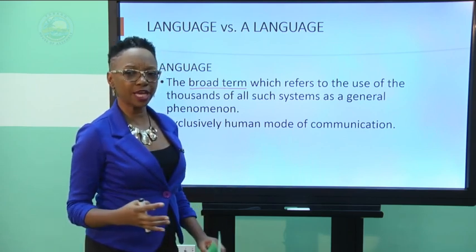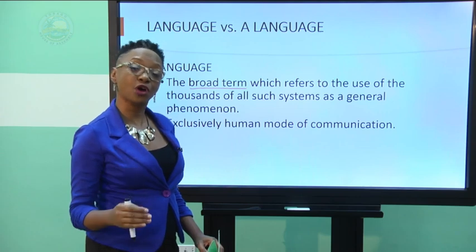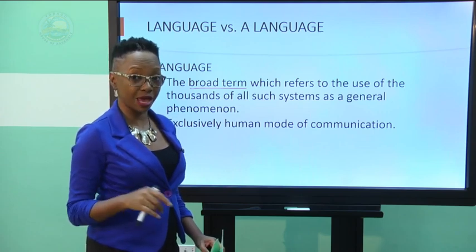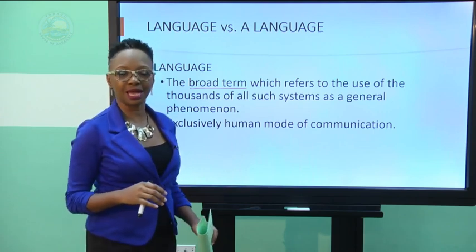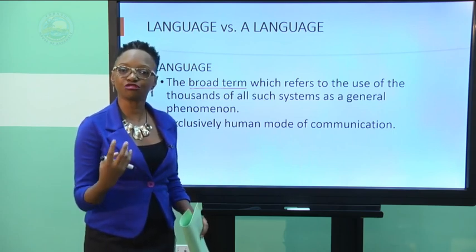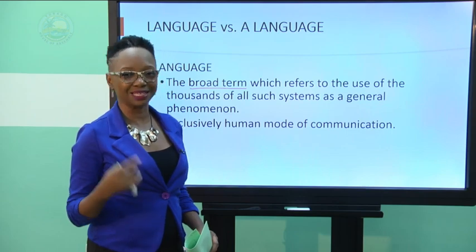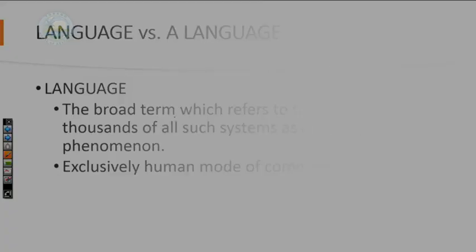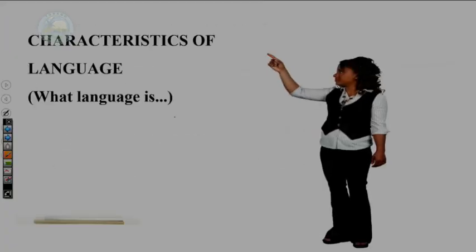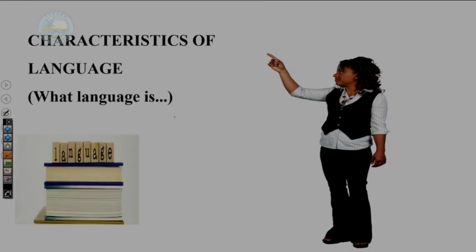But when we really explore what are the functions and characteristics of language, you will be able to understand that the parrot is not really communicating with a language, but rather mimicking sound. So let's explore in some detail the characteristics of language. When we talk about the characteristics of language, simply put, what language is. These are the things that make a language a language.